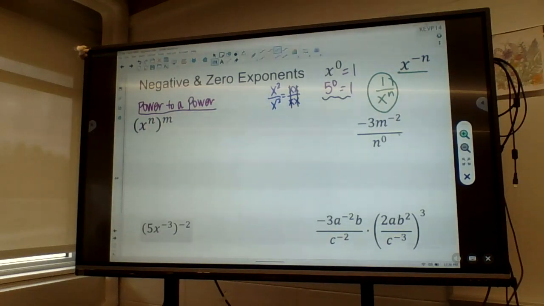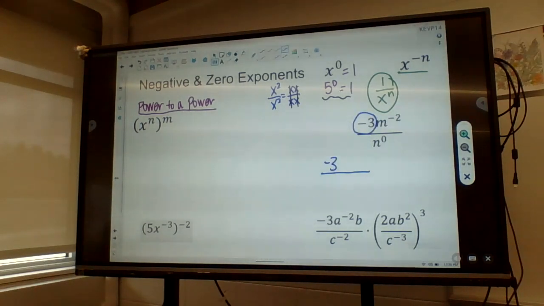So let's do this first example here. We'll go to a power in a second. When I'm doing a problem like this, I ask myself, does it have a negative exponent? Does it have a 0 exponent? Can we simplify anything there? So negative 3 is fine. Negative numbers are perfectly fine. It's negative exponents we don't want. So negative 3 is not the same thing as 1/3.